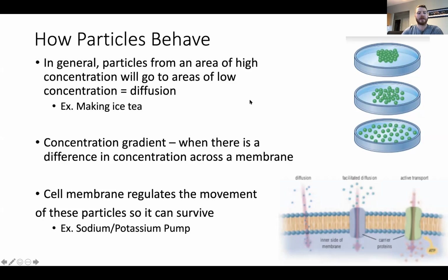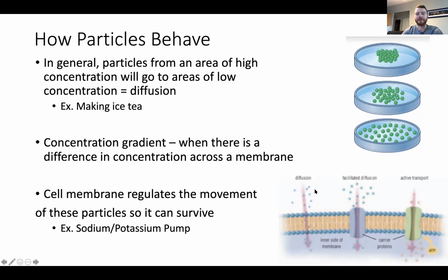Okay. A concentration gradient. This is when there is a difference in concentration across a membrane. If we look at our image on the bottom right hand corner of your screen, in this particular case of diffusion, we have more particles on the outer side of the membrane than we do on the inner side of the membrane.